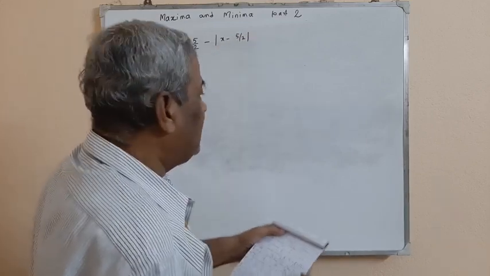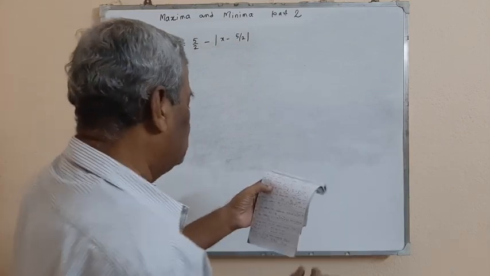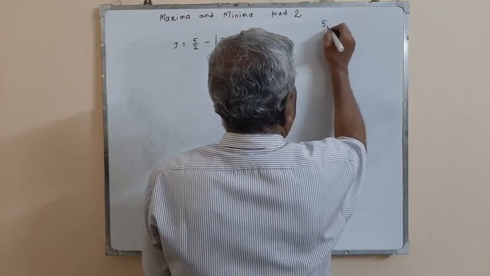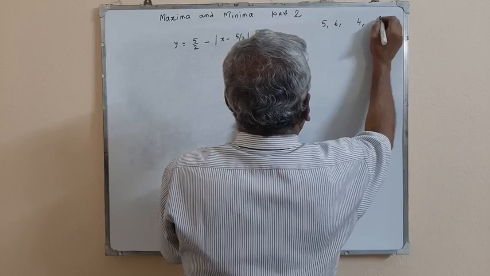It is a mod function and we have to find its maximum value. The options are 5, 6, 4 and 5 by 2.